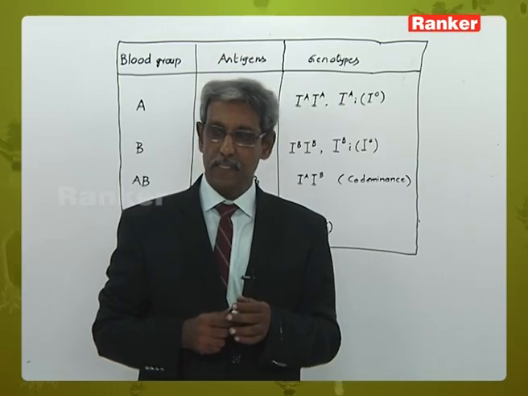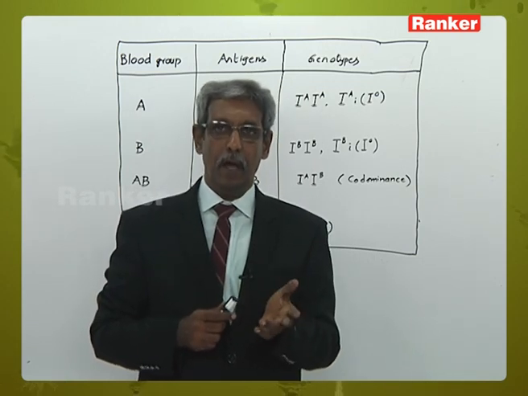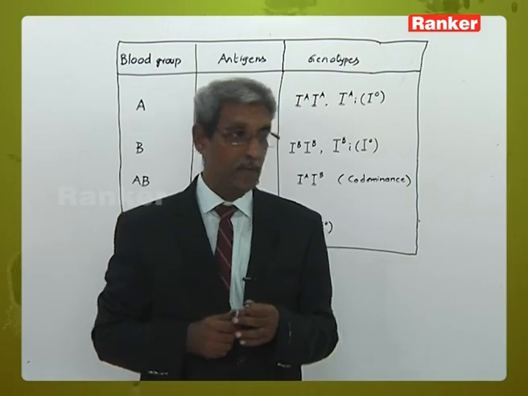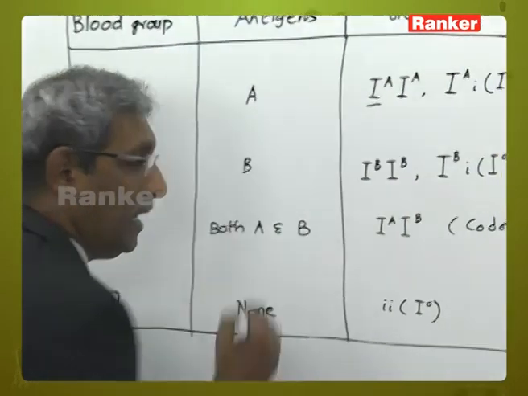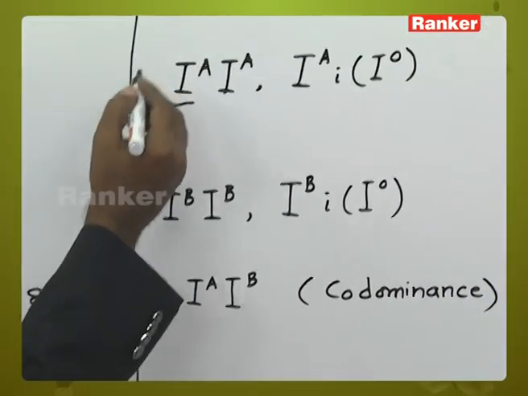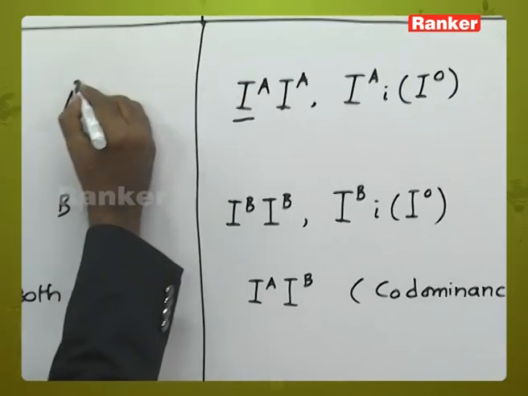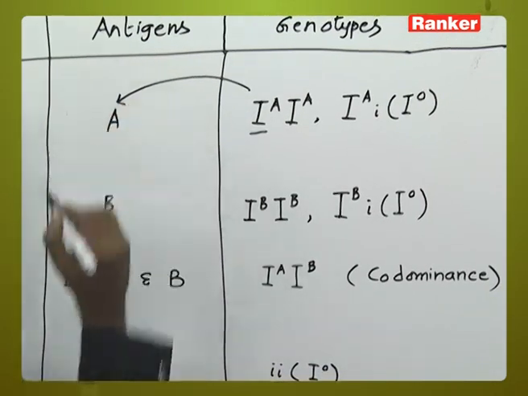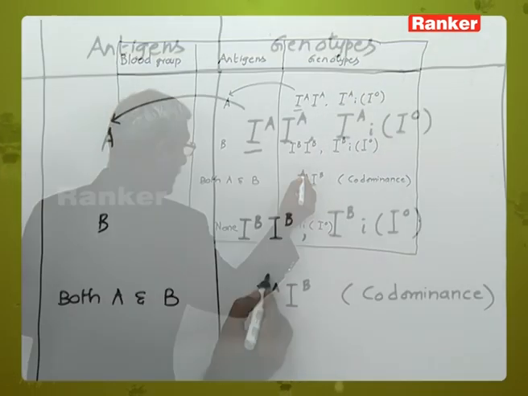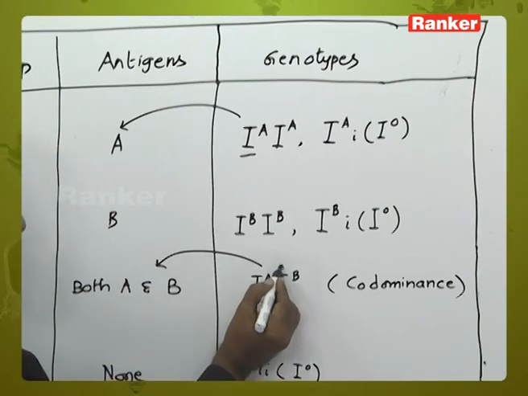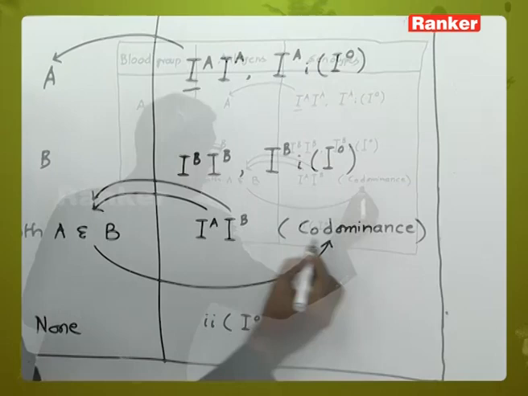The fifth question says, when you take the ABO blood group system, how are the genes for the antigens? When you take an IA gene, it is the gene for antigen A. Similarly, when you take IA and IB, they both are codominant.